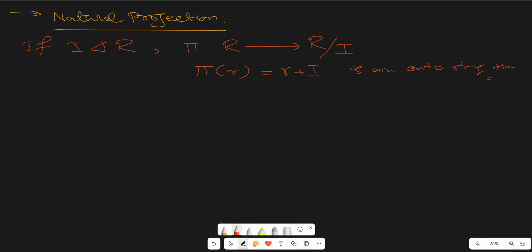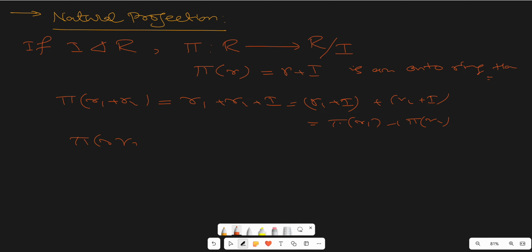What about whether this is a homomorphism? Pi of r1 plus r2 is r1 plus r2 plus I, which is r1 plus I plus r2 plus I, so pi of r1 plus pi of r2. Similarly for pi of r1 r2, I am not going to write everything. So this is called a natural projection.